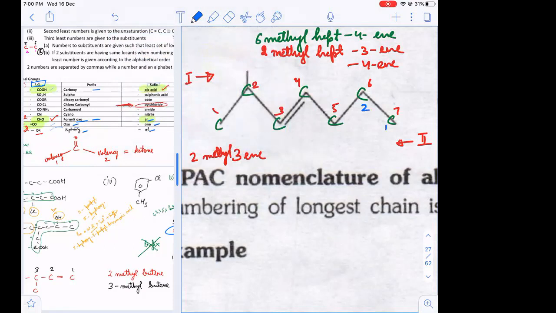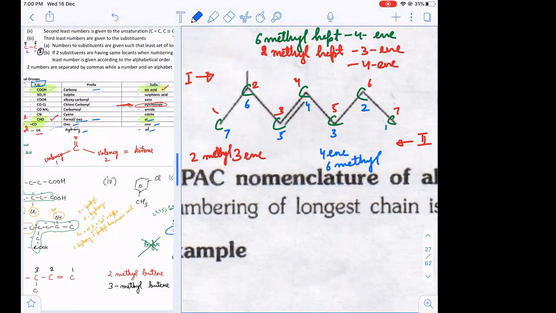Now, let's check the second numbering: 1, 2, 3, 4, 5, 6, 7. Now, if I take the blue numbering from this, what I understand is 4-ene and 6-methyl.